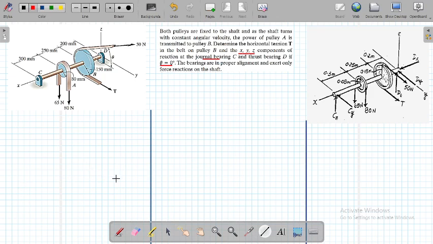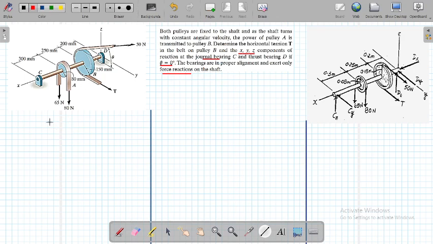The bearings are in proper alignment and exert only force reactions on the shaft. This is very important to understand this problem.